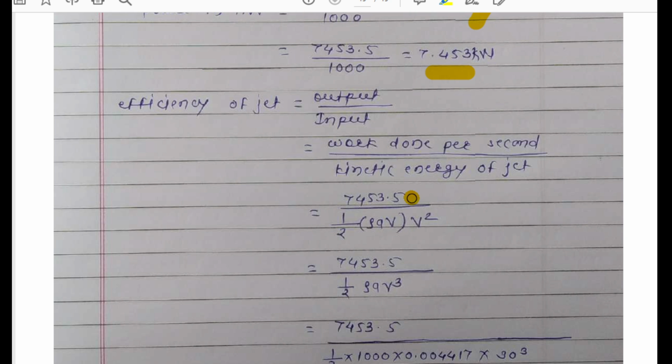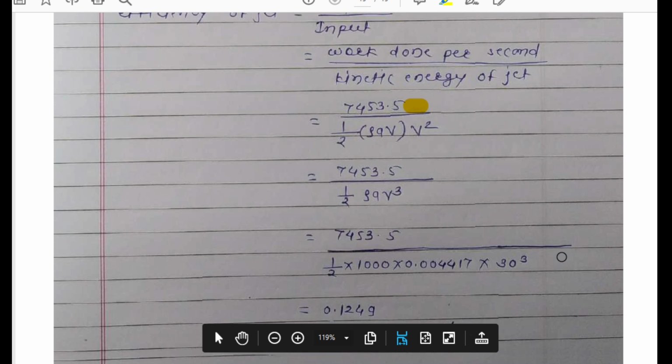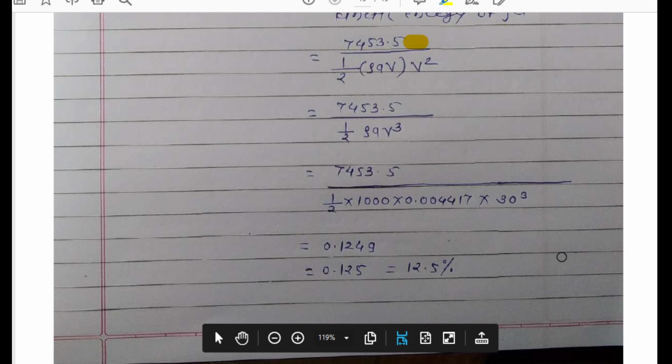Now, work done we have calculated, and the kinetic energy formula is half m v square, where m is rho a v, the mass per second, so rho a v into v square. By simple mathematical calculation, we get the efficiency as 12.5%.